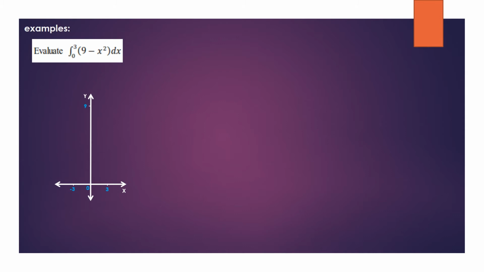Pwede kasing concavity or buka pa kaliwa, pa kanan, upward, smiley face yun, downward, sad face. Since the quadratic is on the x variable, concavity niyan pataas or pababa lang.